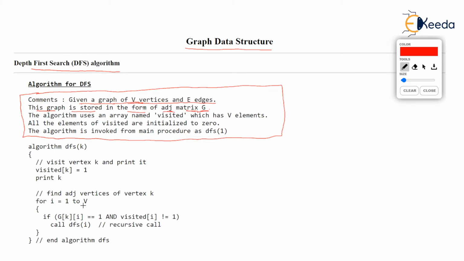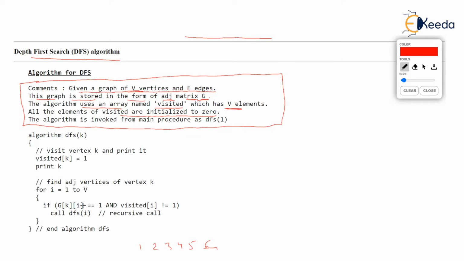Then the algorithm uses an array named visited, which has exactly v elements, and all the elements of visited are initialized to 0.